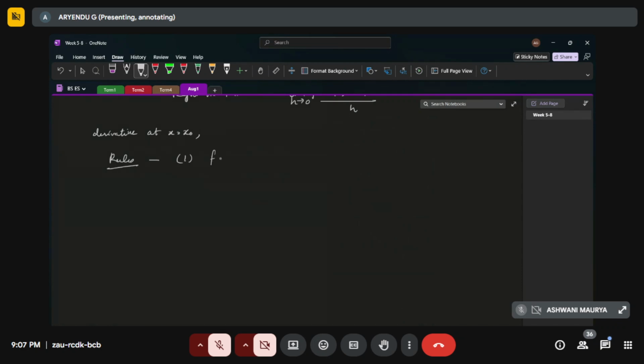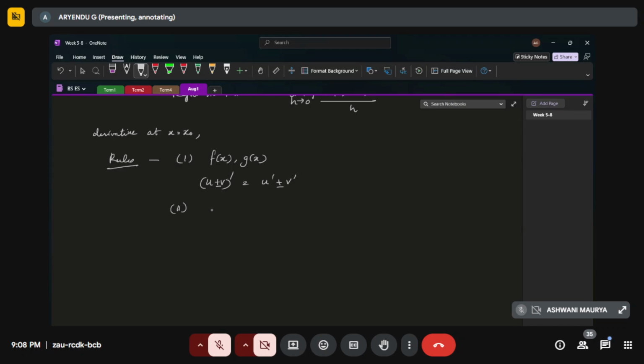If you have a function f of x and a function g of x, and you want the derivative of u plus v or u minus v, you can take it as u dash plus or minus v dash. So you can take the derivatives separately and add them.